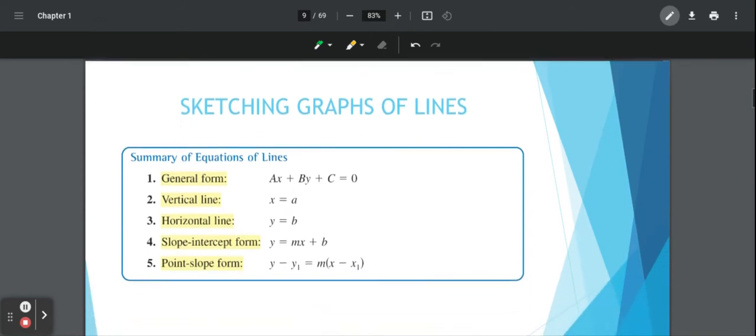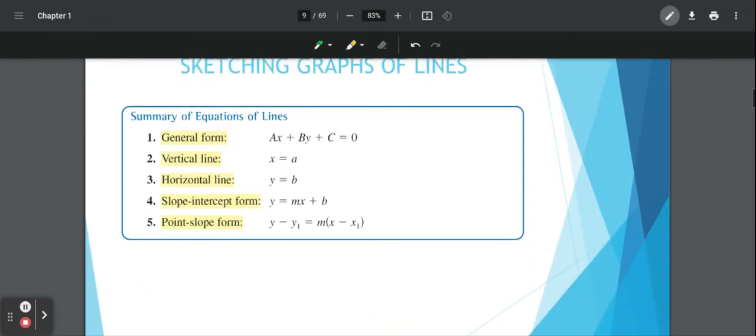So just some general equations of lines. Your general form is your ax plus by plus c, where this b, if you notice, is a capital B. That does not represent your slope. So if you're in general form, all of your x's and y's, so x and y, are on the same side, right?